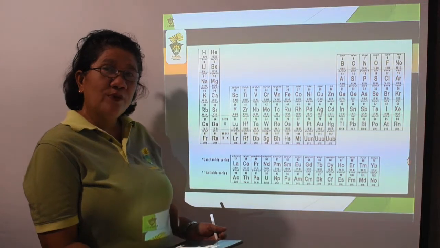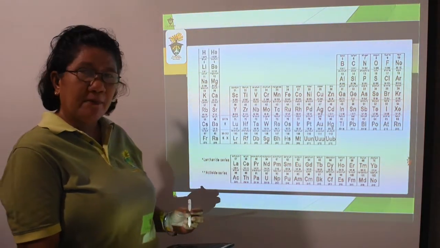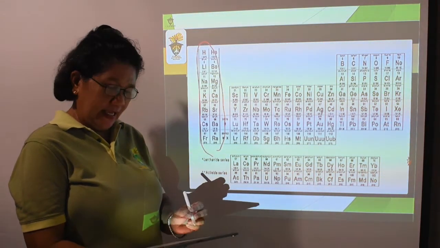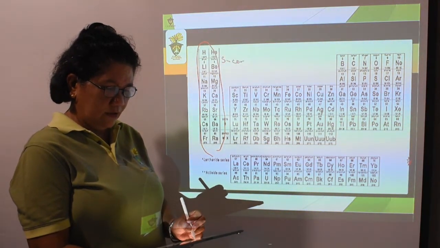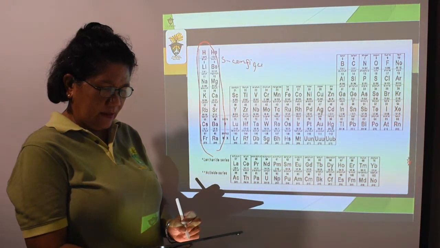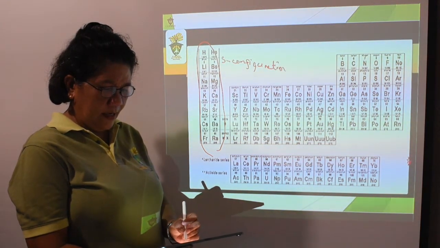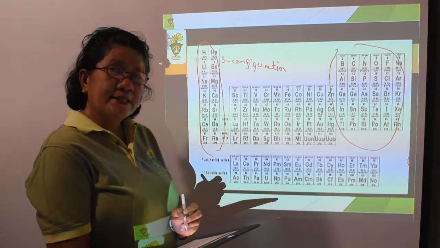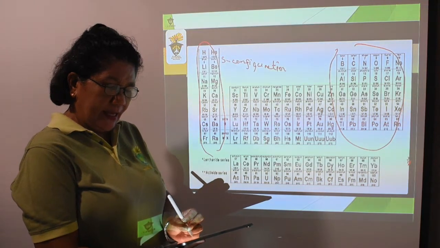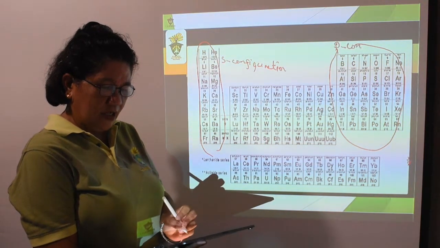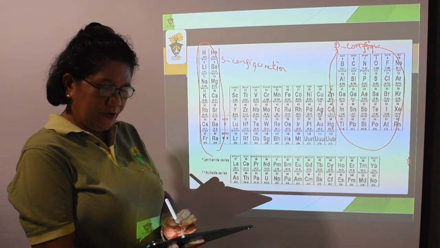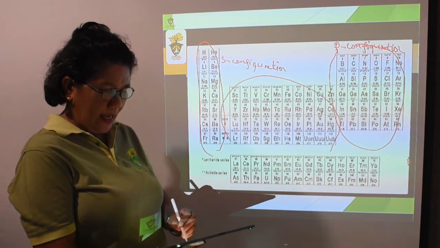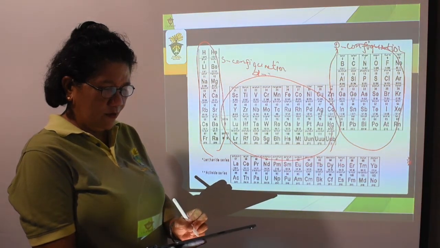So looking into the configuration of elements in the periodic table, in group 1 and 2, that is an S configuration. Then this portion on the right side of the periodic table is the P configuration. At the center, this is known as the D configuration.